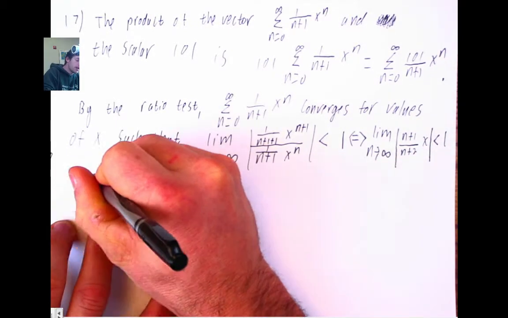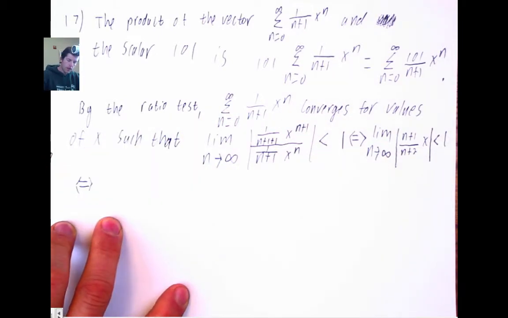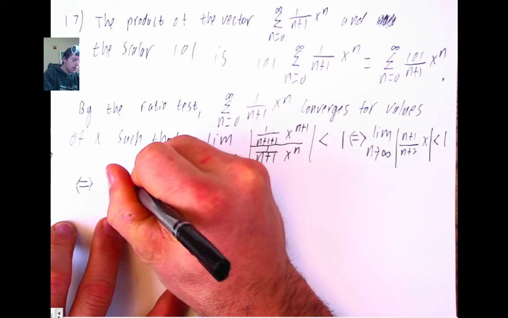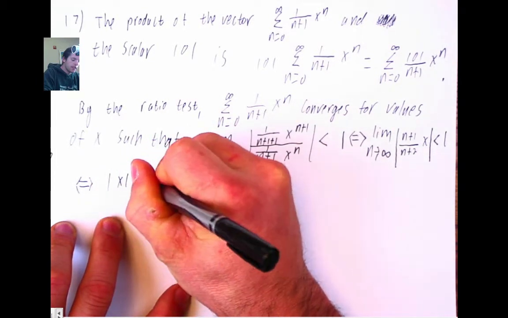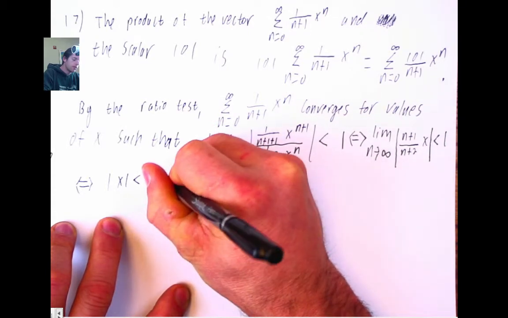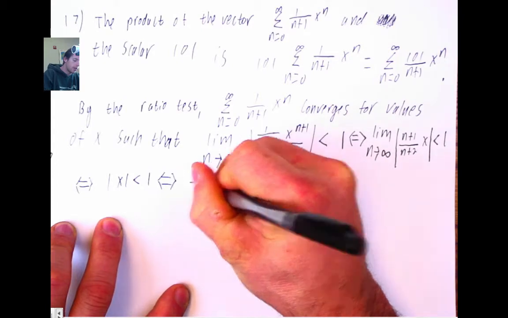And in turn, that is equivalent to, well, okay, so this limit, x doesn't move with n, and in the limit as n goes to infinity, n plus 1 over n plus 2 is 1. So this is the inequality, absolute value of x is less than 1, which in turn is equivalent to x between 1 and negative 1.